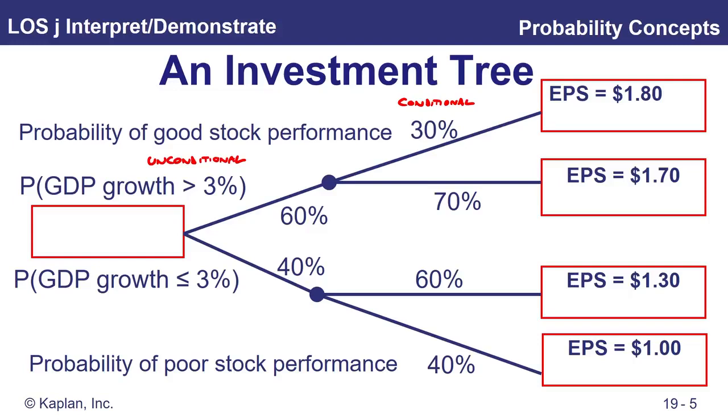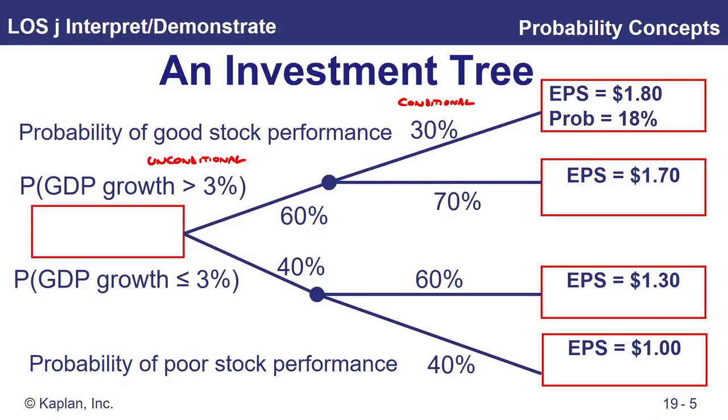Okay, now, what is therefore the probability of having both GDP growth above 3% and an EPS of 180? Well, it's going to be 60 times 30, which is going to give us a joint probability of 18%. So we're going to say there is an 18% chance that you will receive an EPS of 180. Okay, now let's have a look at the second scenario. This is an EPS of 170.